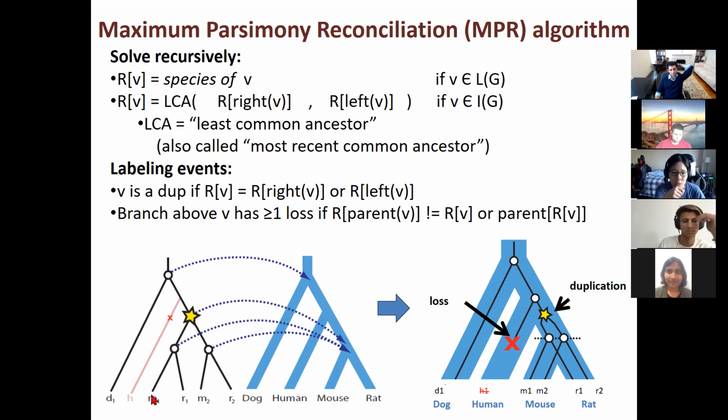Okay, so if mouse maps to mouse and rat maps to rat, then the reconciliation of that node, which is an internal node, will basically be mapping to the least common ancestor, the most recent common ancestor of the two species. Okay, so if it's a leaf, then it simply maps to species, and if it's an internal node, it simply maps to the common ancestor of the two.